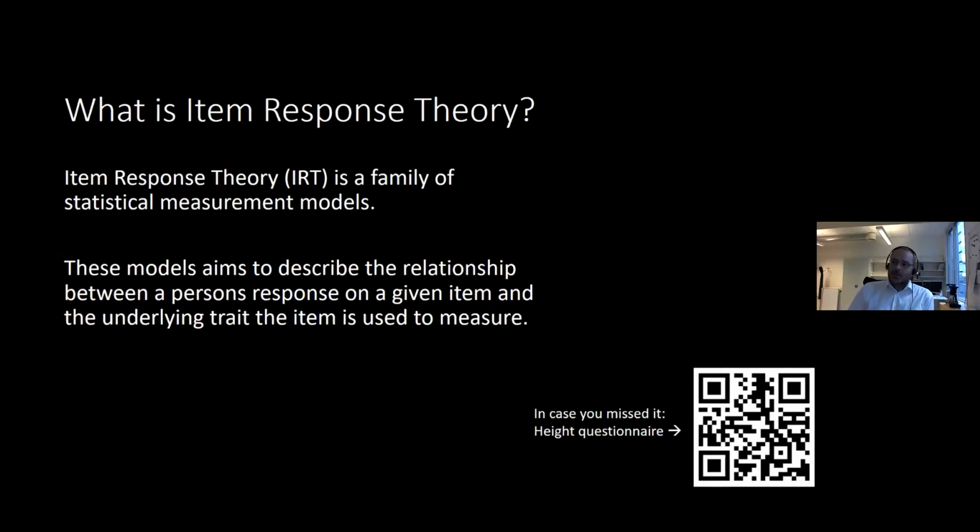So item response theory is also known as latent trait theory, strong true score theory, modern mental test theory, and a bunch of others. And when I talk about underlying trait, as I said, latent variable, unobservable variable, construct, factor, it has a bunch of different names because it's used in a bunch of different fields.